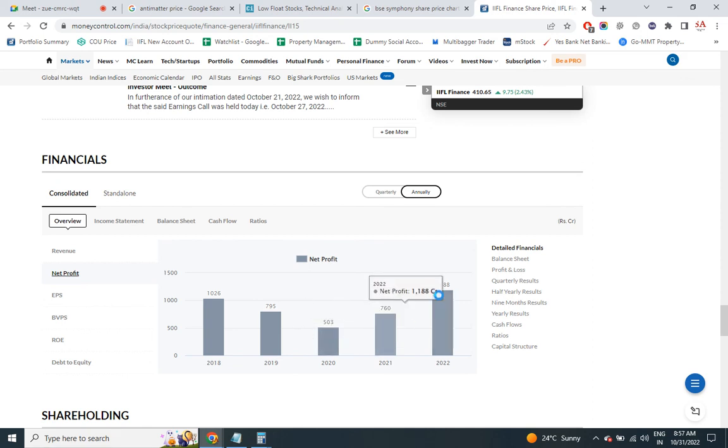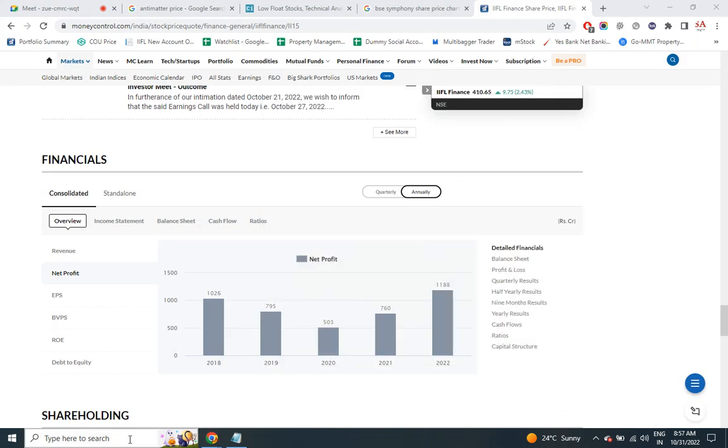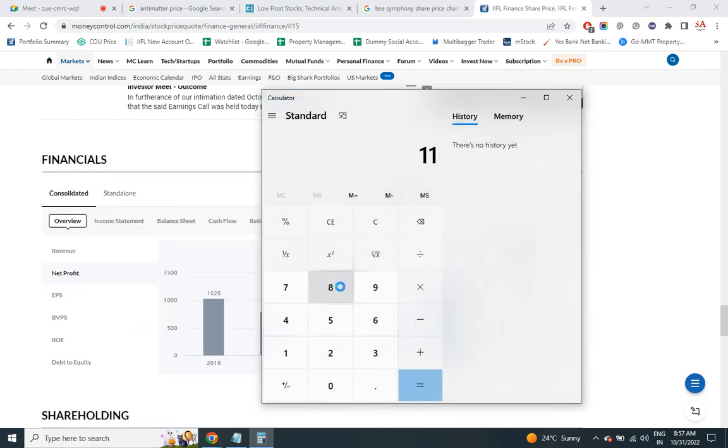But this was a normal year. There was no COVID or lockdown or anything like that. So 760 crore becomes 1188 crore. So what do I do again? 1188 minus 760 is 428, divided by 760, that is the base.